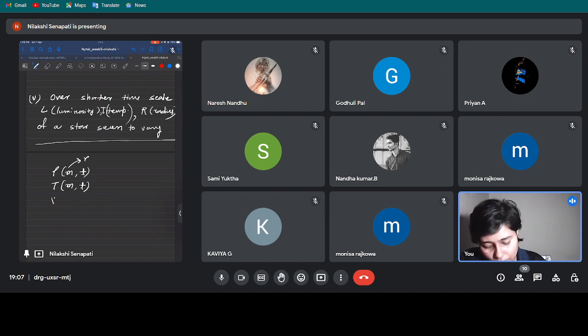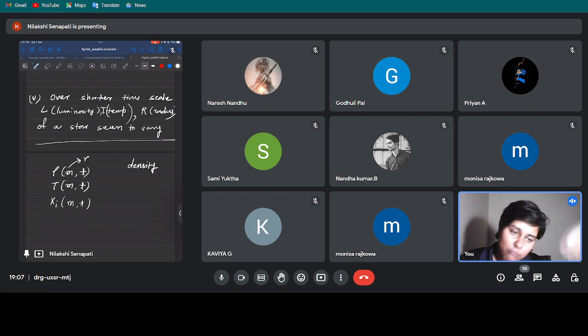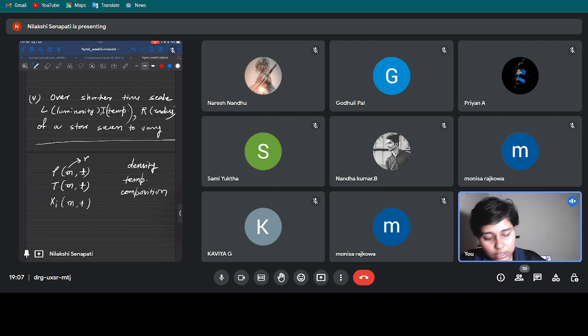And Xi, the composition, is also a function of M and T. So the main things which are varying over time are the density, radius and mass, all those volumetric parameters. Temperature is changing, and composition is changing. So these are the variables we have.